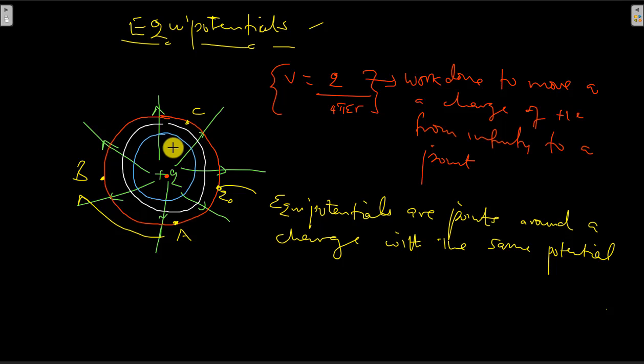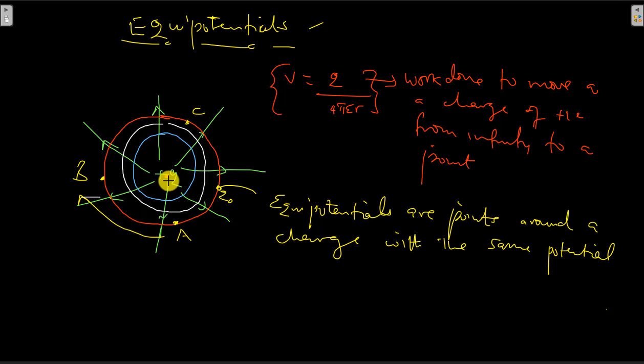The surface that is bound by this equipotential line is what we call an equipotential surface. So we can have equipotential points, equipotential lines, and equipotential surfaces, and you'll hear the term equipotential surfaces used more often. Those are surfaces in electrostatics at which you don't do any work in moving a charge around, because the potential is the same.